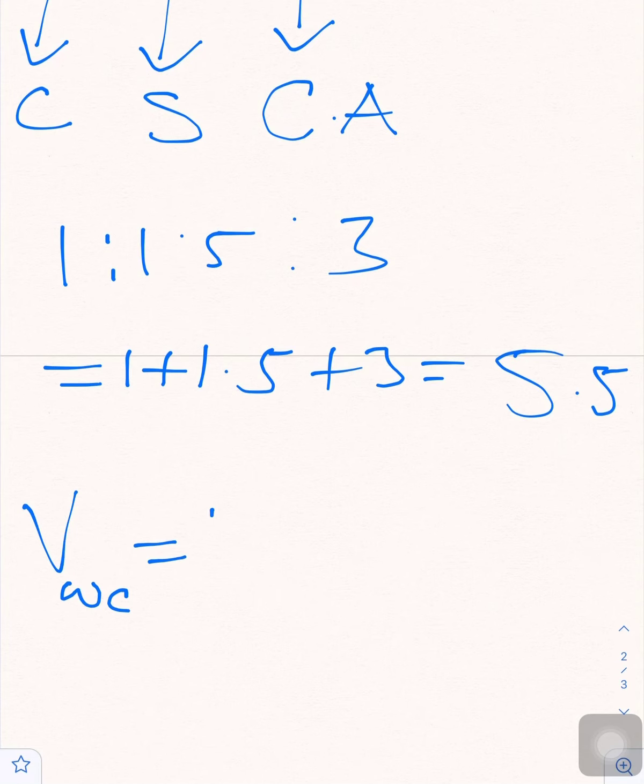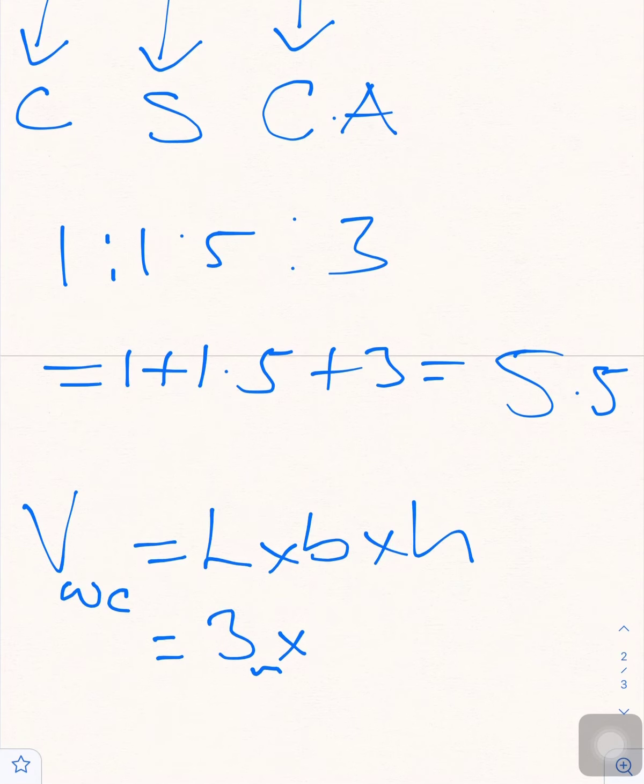For our slab, it has a length, a breadth, and a height. According to the question, the length is 3 meters, times a breadth of 2.5 meters, times a height of 0.18 meters.